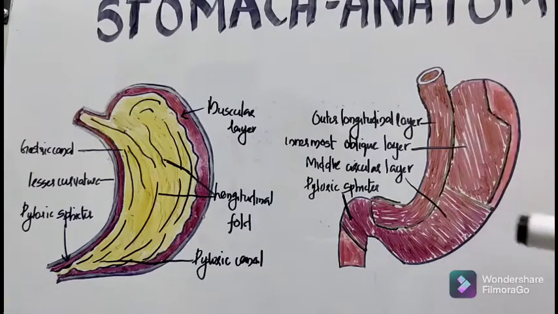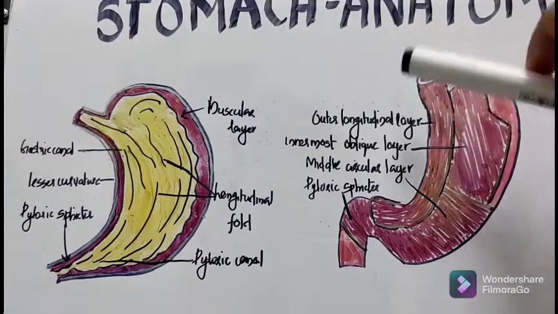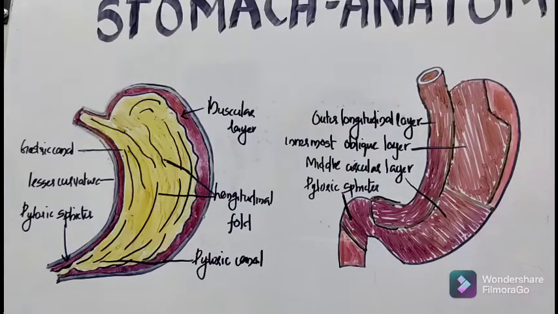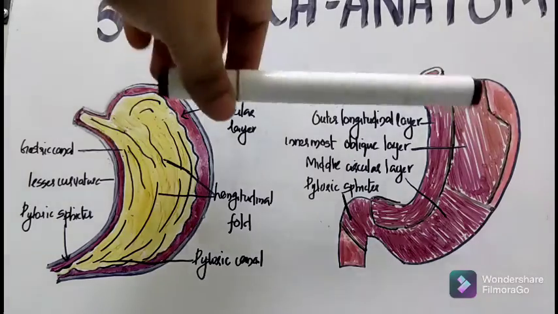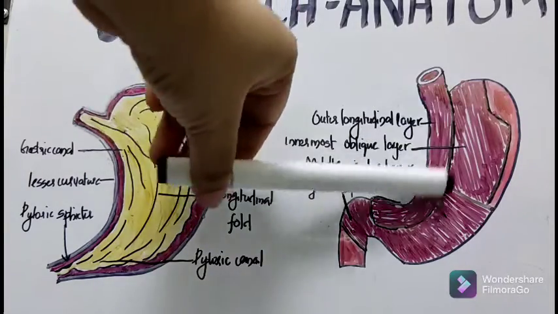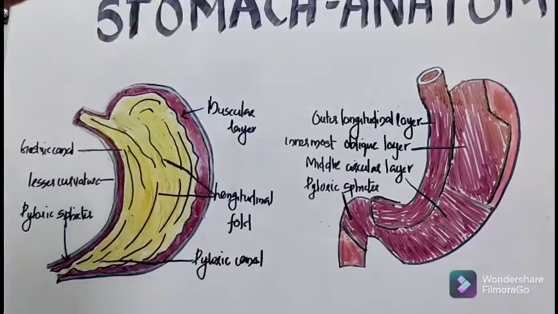The innermost layer is the oblique layer, and it forms a loop around the cardiac notch. Some of it is also present in the body and the fundus of the stomach, and it forms a ridge near the lesser curvature.